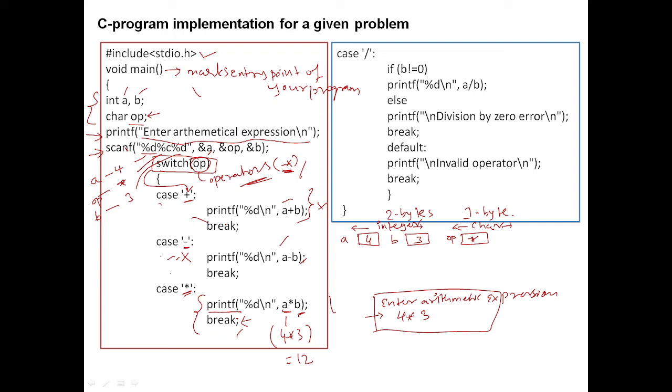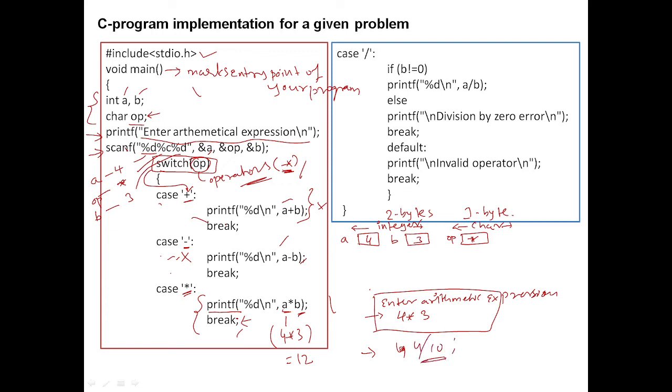Okay. Now let us consider a second expression, which means we will execute a second time. During the second execution we will enter the expression like this: 4 divided by, say, 10.